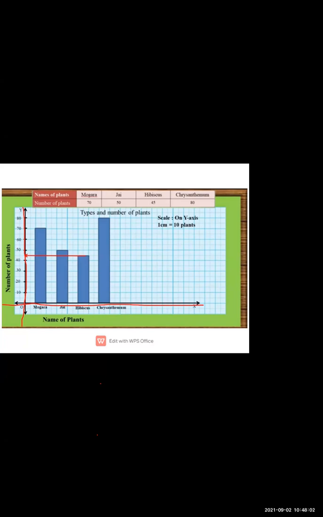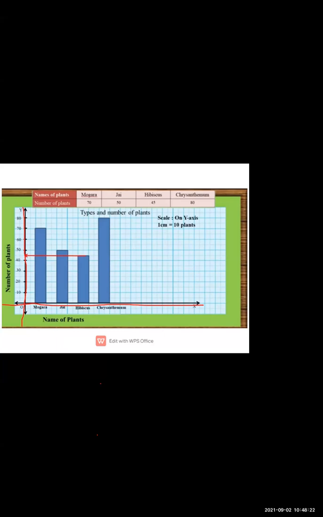If you see this square, every square is 1 centimeter. So 1 centimeter equals 10 plants. So we have to take a different distance between every 10 numbers.